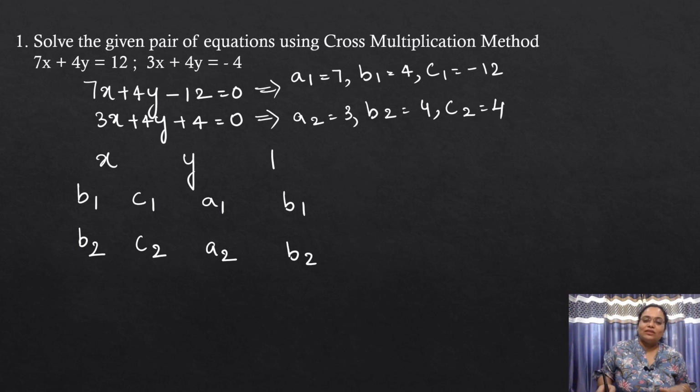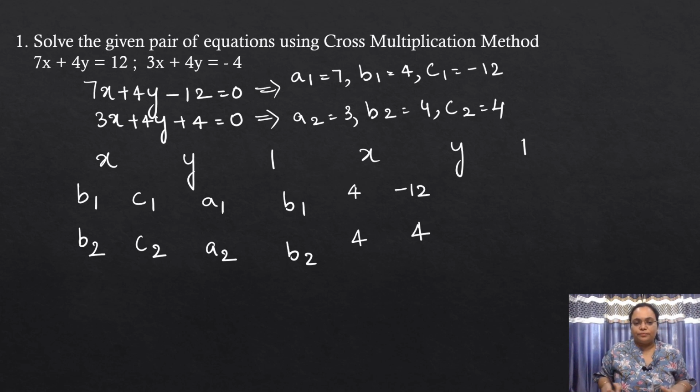Clear? So we go in a clockwise direction. We take the values from here: B1 is 4 and B2 is 4, C1 is minus 12, C2 is 4, A1 is 7, A2 is 3, B1 is 4, B2 is 4. Okay, we will cross multiply.